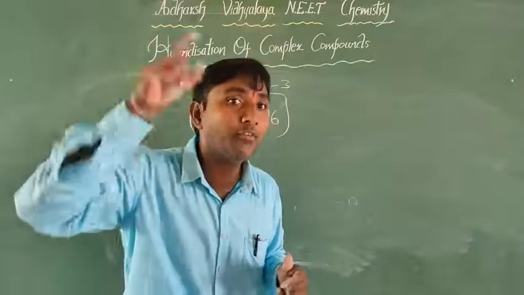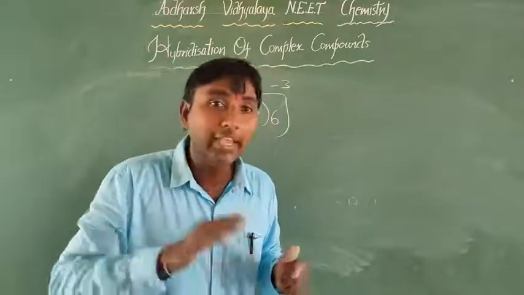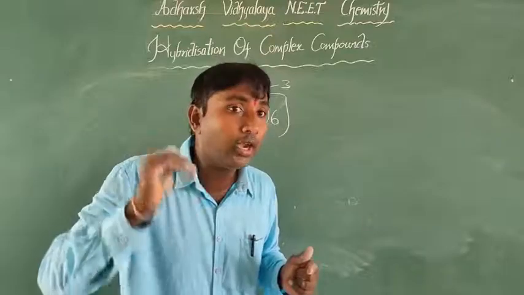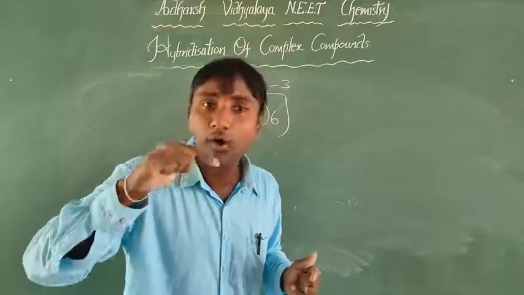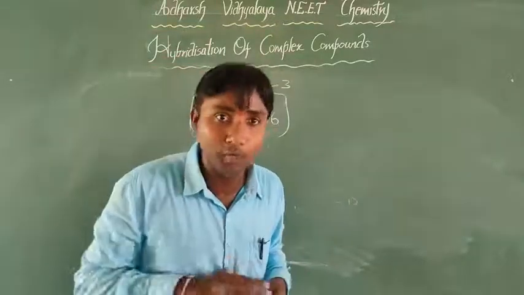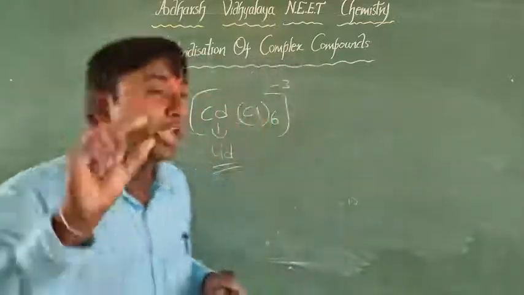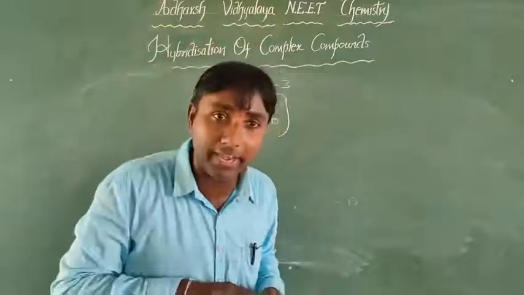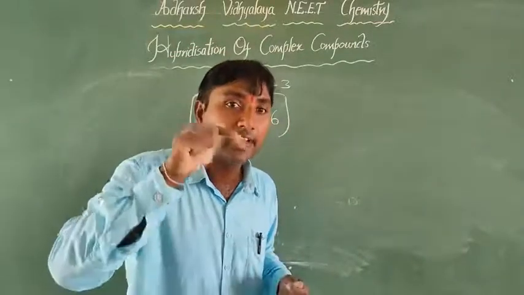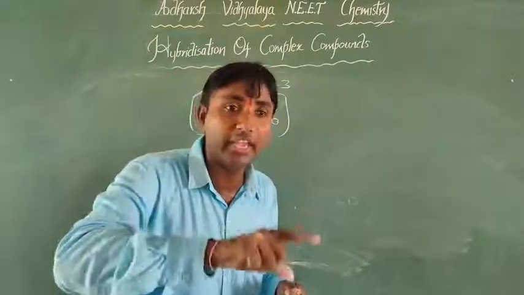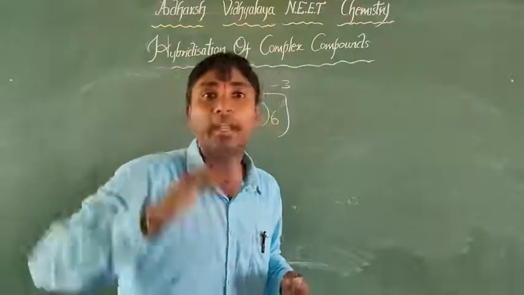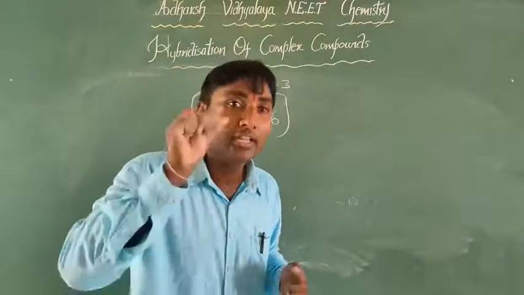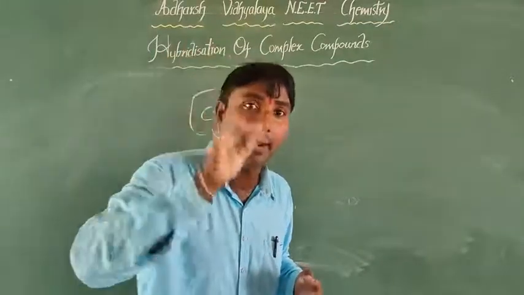In the presence of weak field ligands, electrons do not undergo pairing and follow Hund's rule. But that is applicable only for 3d series elements, that means scandium to zinc, atomic number 21 to atomic number 30. Only 3d series elements.